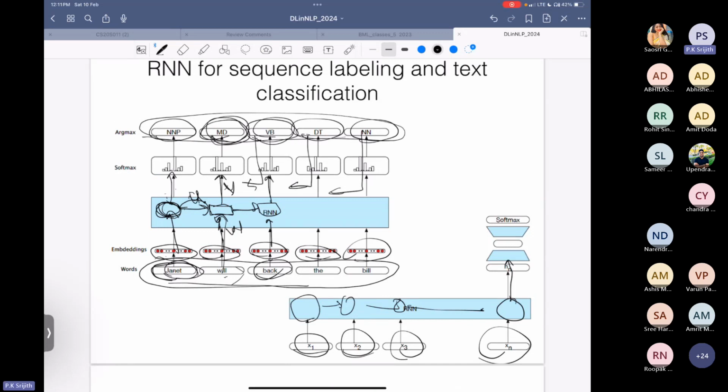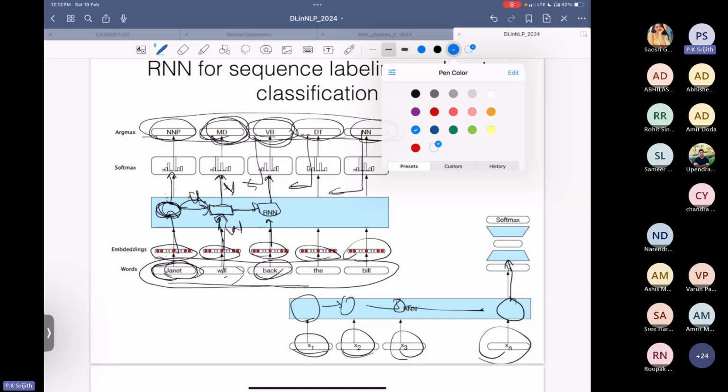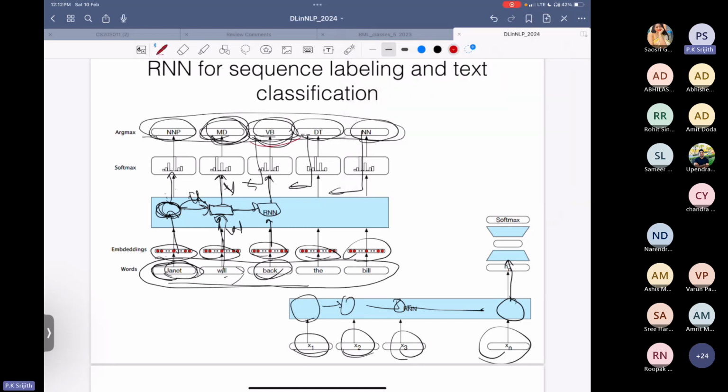Okay, so maybe if you want to predict what the part of speech tag is going to be for this particular word. Okay, if you just run a RNN, it will be running in this order, starting from the first word, second word, third word. It tries to see what the part of speech tag is going to be.